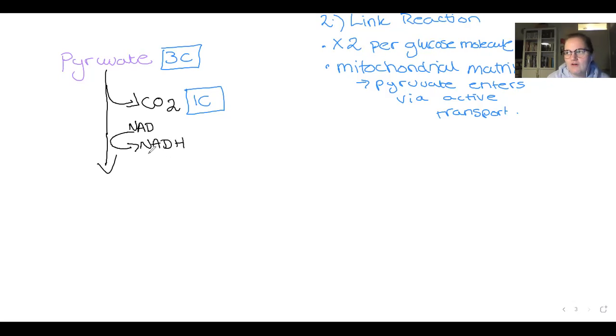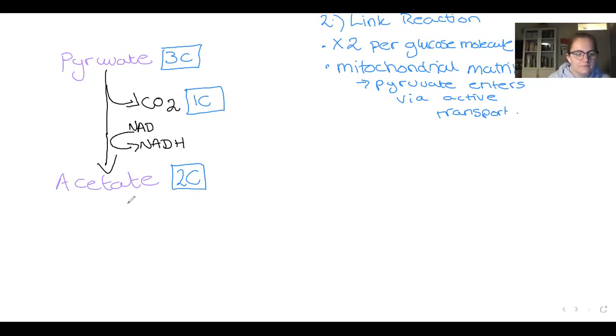Remember, OIL RIG: oxidation is loss, it loses a hydrogen that is picked up by the NAD. And when pyruvate is oxidized, it makes the molecule acetate. Now, acetate is a 2-carbon molecule, and that makes perfect sense because we've lost a carbon when the pyruvate was decarboxylated.